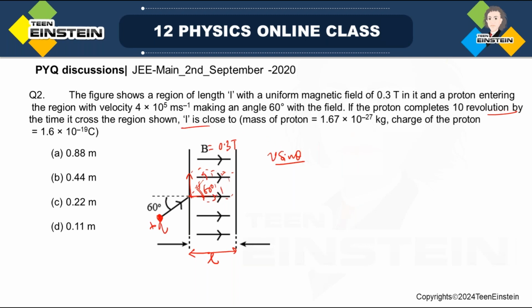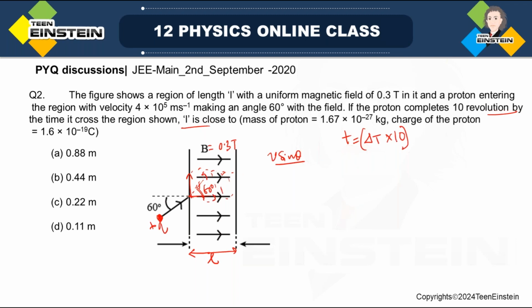L, I have to find out the length. If I can find out the time period of revolution, suppose T or delta t, then I multiply by 10. So this will give me the total time, and I know the velocity, so actually I have to find out the thickness. Okay, thickness L is close to. So I have to find out the thickness of this region.